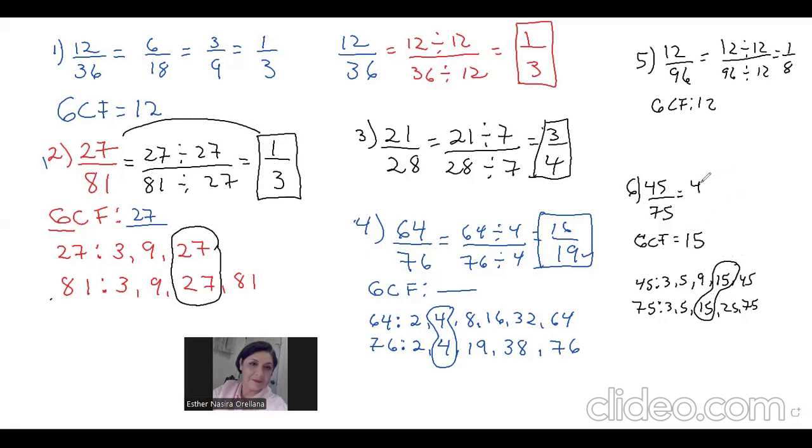And then 45 divided by 15, 75 divided by 15 is 3 over 5. 3 and 5 both are prime numbers. This is completely simplified. We have written a fraction equivalent in lowest terms.